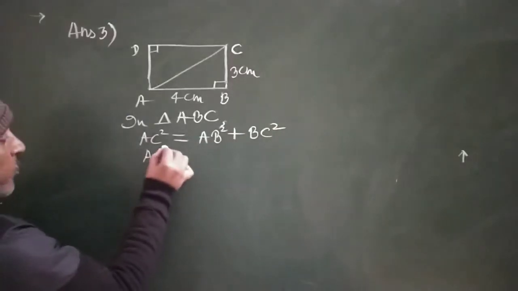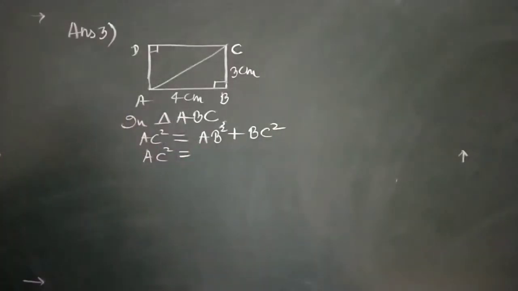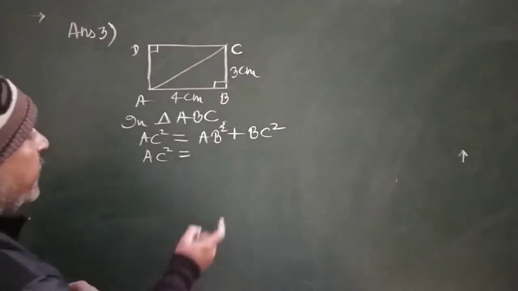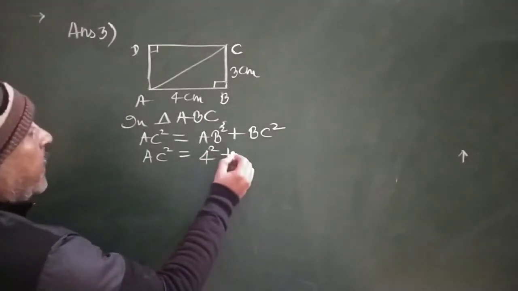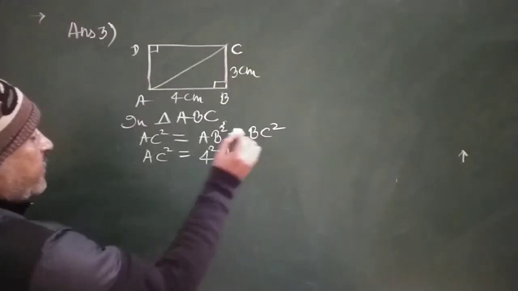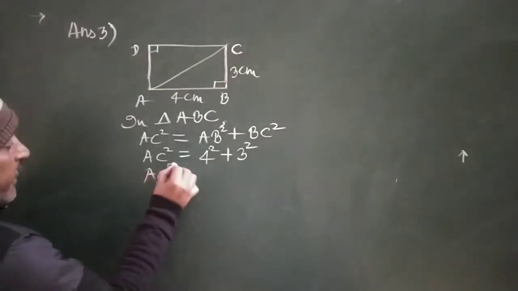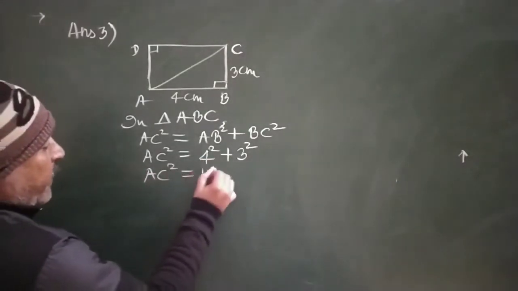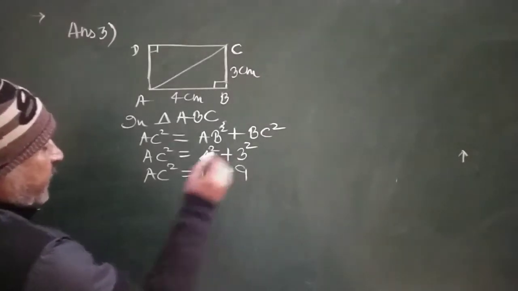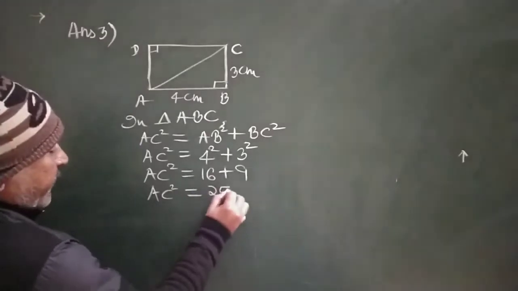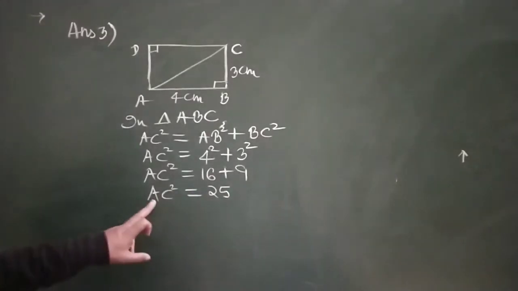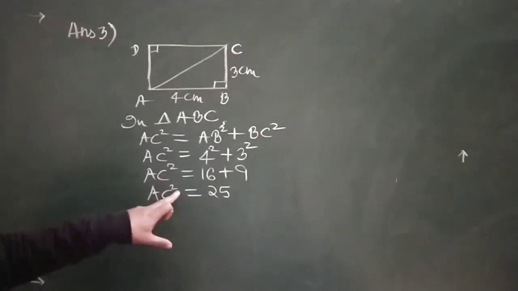Now what we have to do, we have to substitute the values in place of AB and BC. AB is 4, it is 4 square, BC is 3, it is 3 square. So AC square will be equals to 4 square is 16, 3 square is 9. AC square equals to 16 plus 9, 25. We have to find out the value of AC, not AC square.